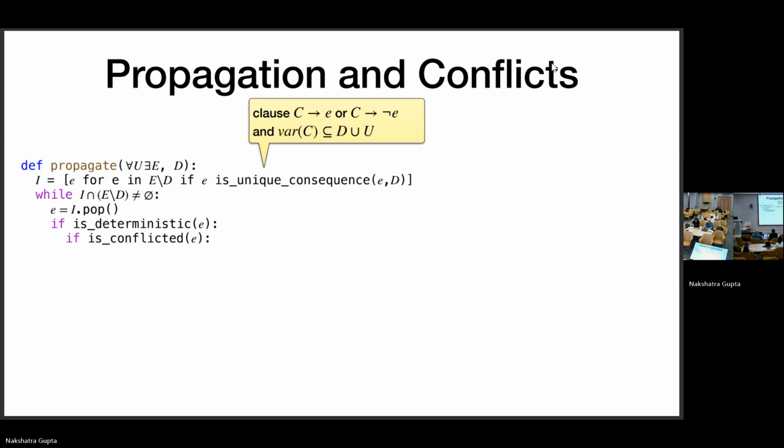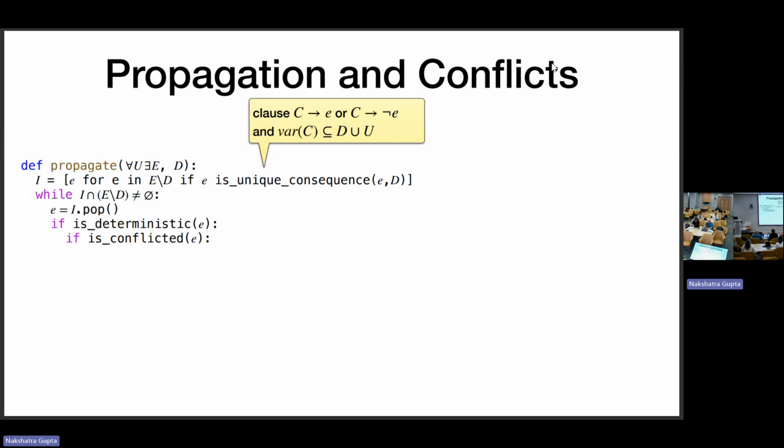We had that on the previous slide. You just look at all the clauses that it occurs in, remove E from those clauses, and then you ask, are all these clauses simultaneously satisfied? In that case, if it's unsatisfiable, it's deterministic. If it's satisfiable, it's not deterministic.